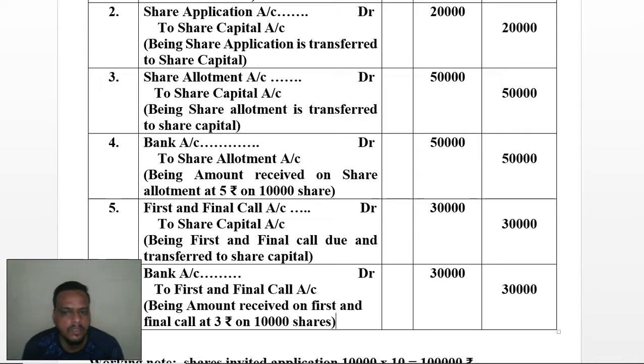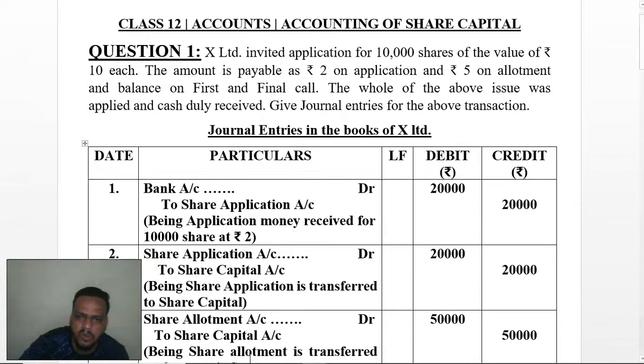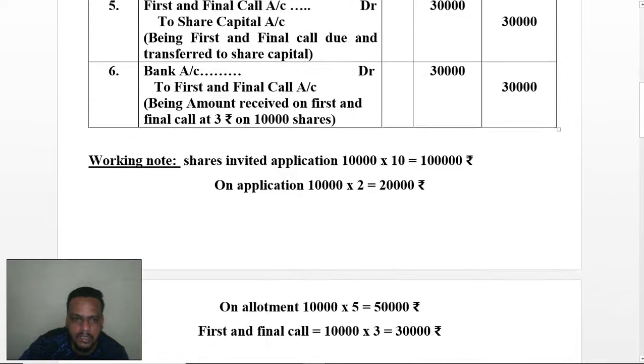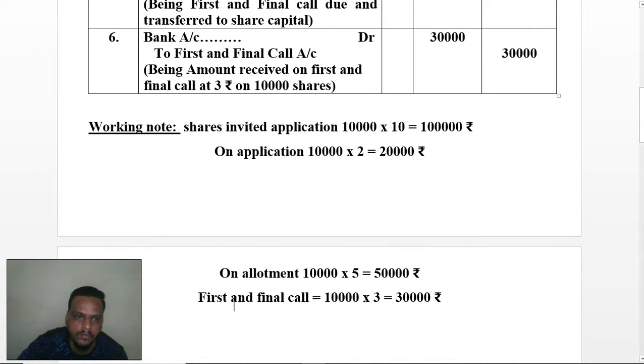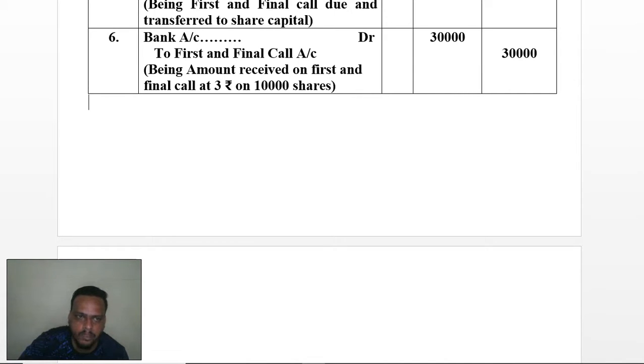Nothing has been called in arrears or forfeiture. It is not like that, but these are simple entries, the basic 6 entries. As you can go through it, it is a very easy concept. You can write it and understand this very carefully. Now this working note has to be deleted so we can carry forward with the next topic.